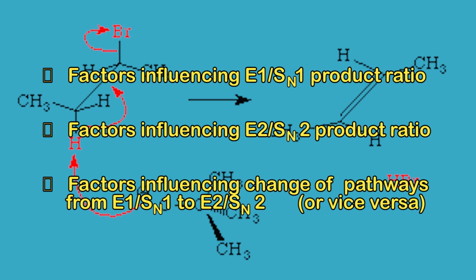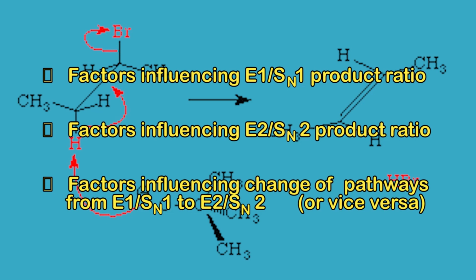Then number two, the factors influencing the E2 over SN2 product ratios. And the third issue is the factors which influence the change of pathways from either E1 over SN1 to E2 over SN2 or vice versa, such that these kinds of shifts often change the proportion of the elimination or the substitution reaction products.